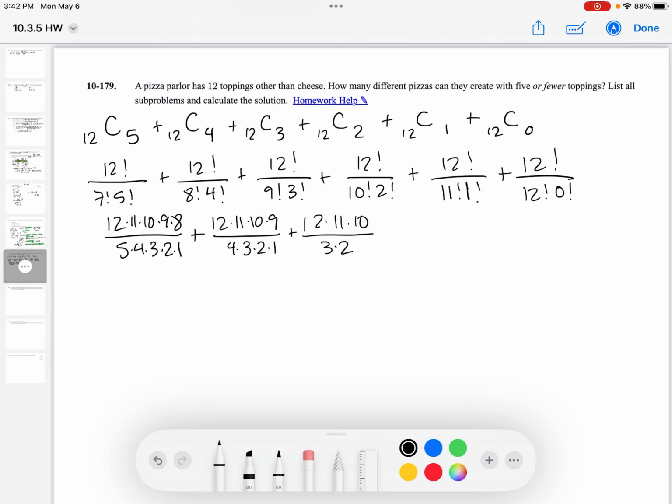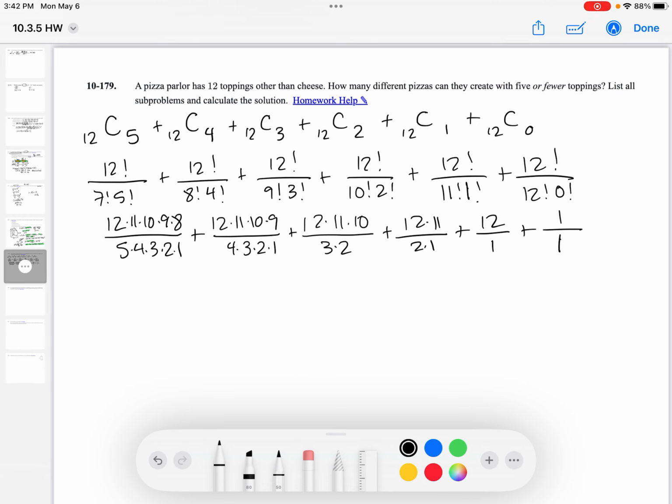And then I have 3 times 2. 12 factorial, this is going to be 12 times 11, 10 down to 1 all cancels, and then I have 2 times 1. Here I just am left with 12 over 1. And here I'm left with 1 over 0 factorial, which, from your math notes box, you know is 1.